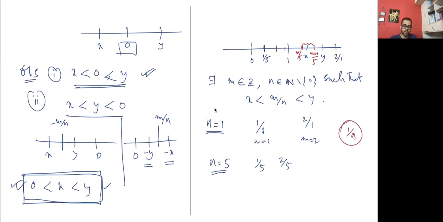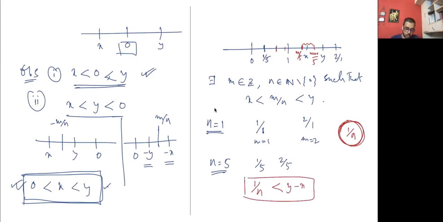So what will that be? If this length is small enough, then you cannot jump from one side of the interval to the other side. So what will that restriction be on the length 1 over n? Less than y minus x. Exactly. So this has to be less than this.